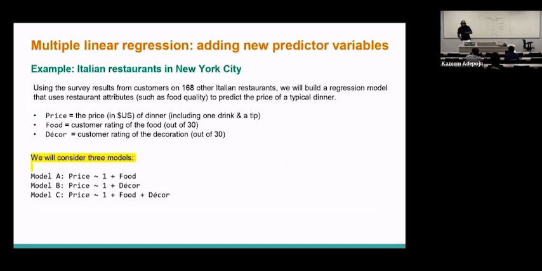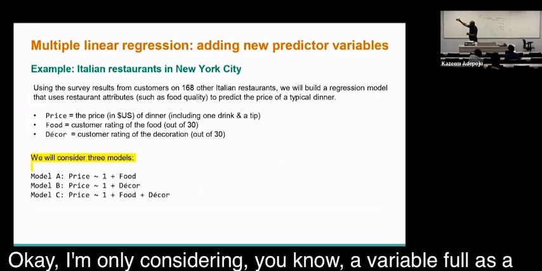Now I'm considering three models. In Model A, I'm only considering variable food as a factor to predict the price. In Model B, I'm only focusing on decoration, and in Model C, I'm considering multiple linear regression, where I'm using both food and decoration.